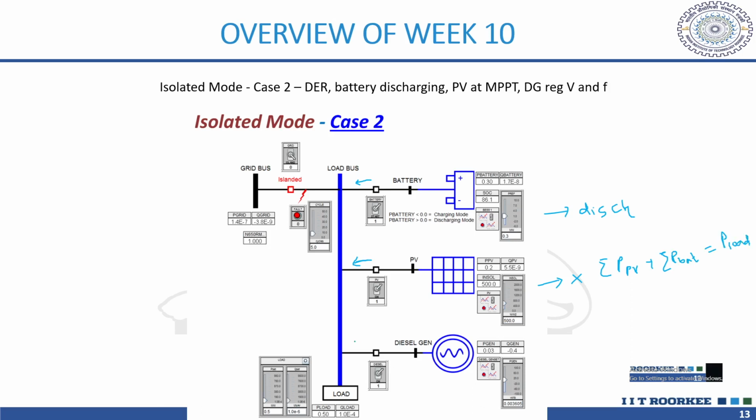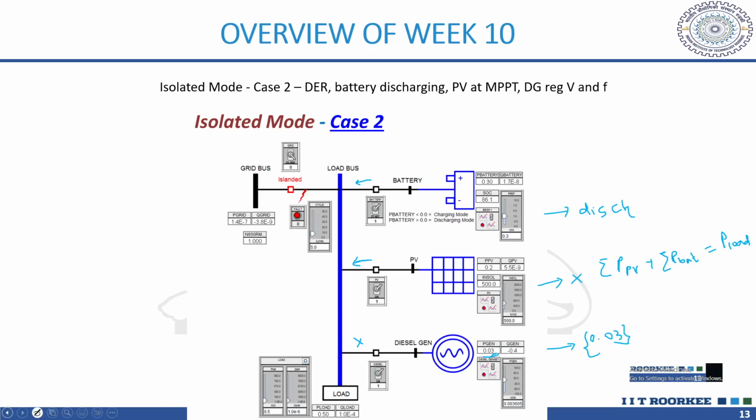So we don't require the support from the diesel generator, but still you are getting some 0.03 mismatch. So can you guess why we are not getting exact zero? Sorry, sir, it was not audible clearly.